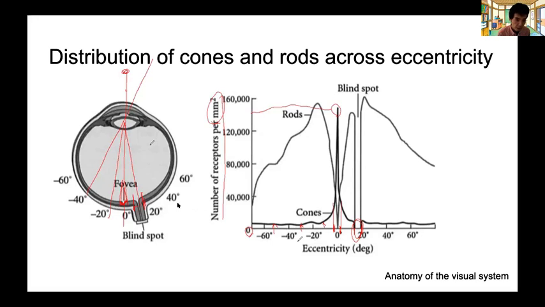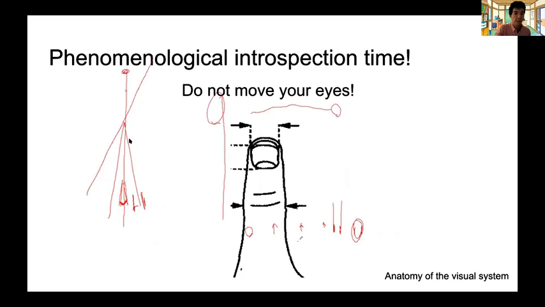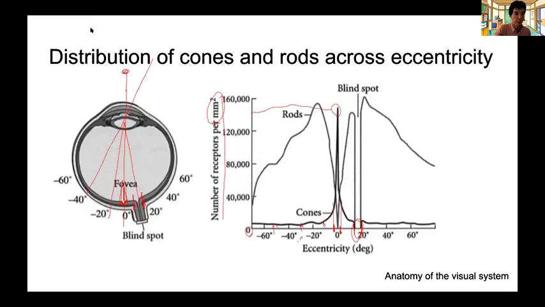So this gray part is the one that indicates the axons, and these occupy quite a bit of this region, and around here we don't have any photoreceptors, and that's why you see this drop of the density to 0. So that's called a blind spot in the retina.